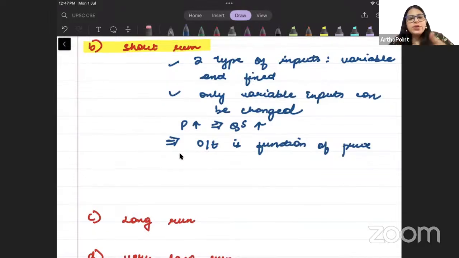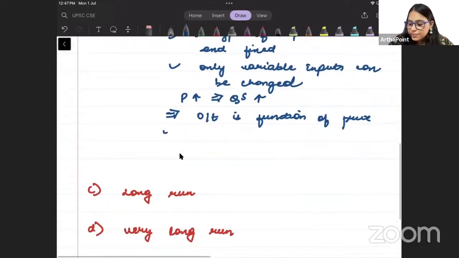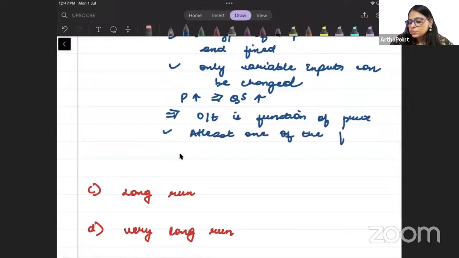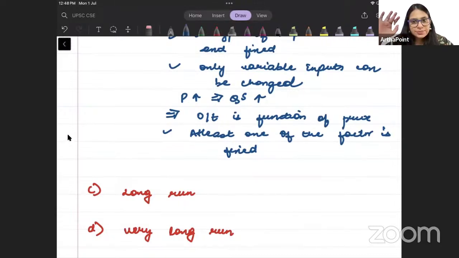Output will change when price changes, but at least one of the factors is fixed. कम से कम एक ऐसा factor तो होगा which is held constant, which is fixed. If this is the case, then this is going to be the short run period.